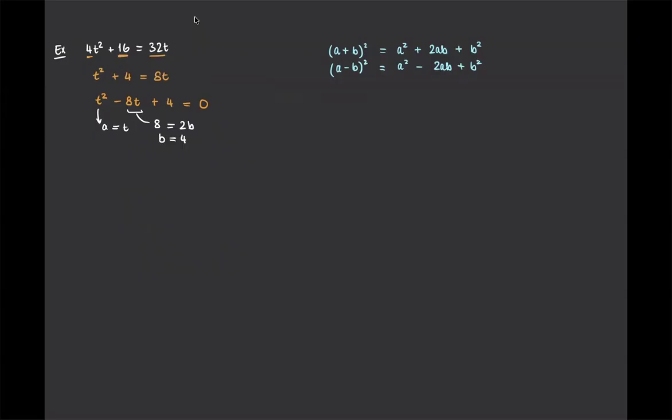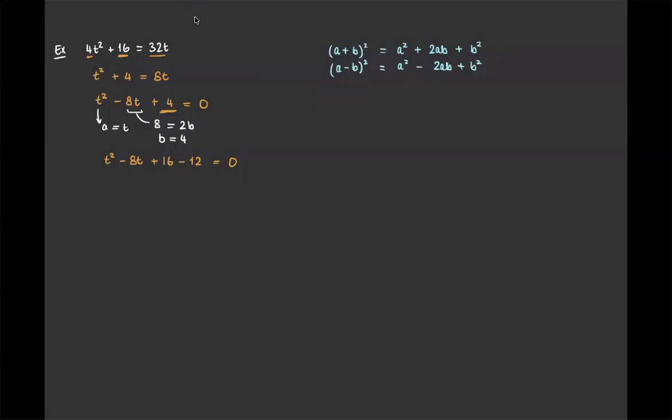Okay, and now I can write out a perfect square using the values for a and b. So I'll have a squared or t squared minus 2ab or minus 8t plus b squared, which is 16. Okay, and now I'll adjust the 16 to get back my 4, which is in the original question. And so to do that, I just need to subtract 12.